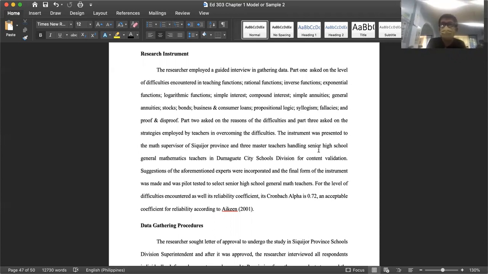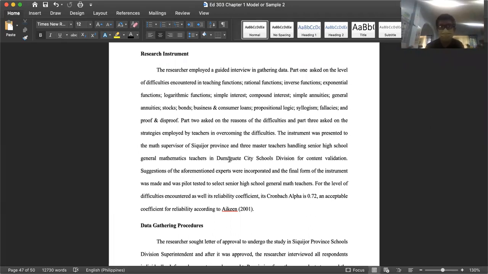The location would be depending on the research locale. This one is actually in Dumaguete. Why? When you are going to do validation, you are not going to use your own. This one was conducted in Siquijor, but the validation was conducted in Dumaguete. You are not going to validate that instrument to your target population.